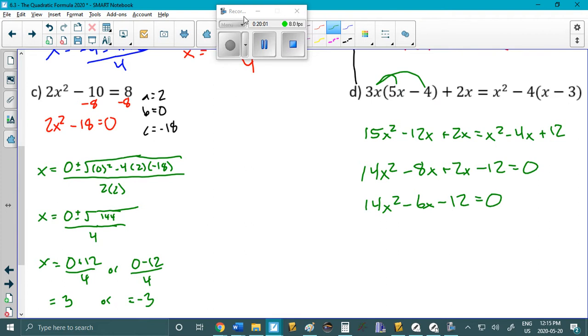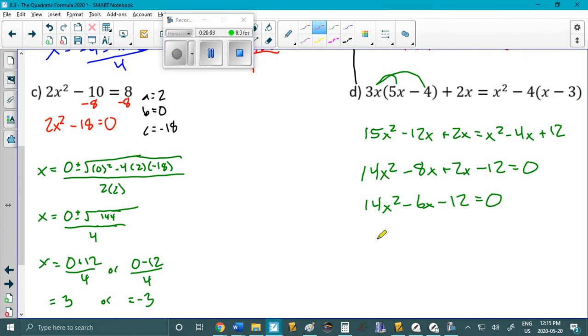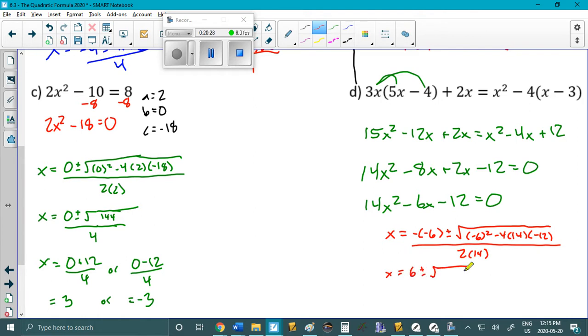And now we've got the quadratic formula. So x is equal to negative b. You could have just said 6, but I'm just showing you that it doesn't matter. b squared minus 4ac all over 2a. So x is equal to 6 plus or minus the square root.